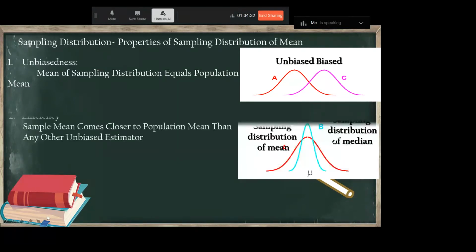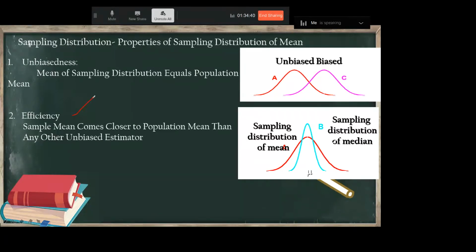Now, next is efficiency. Efficiency means that the mean is better than the median. The sample mean is efficient compared to the median. It is efficient because it's closer to the population mean. So you see, this is the population mean. This one is the sampling distribution of the mean.